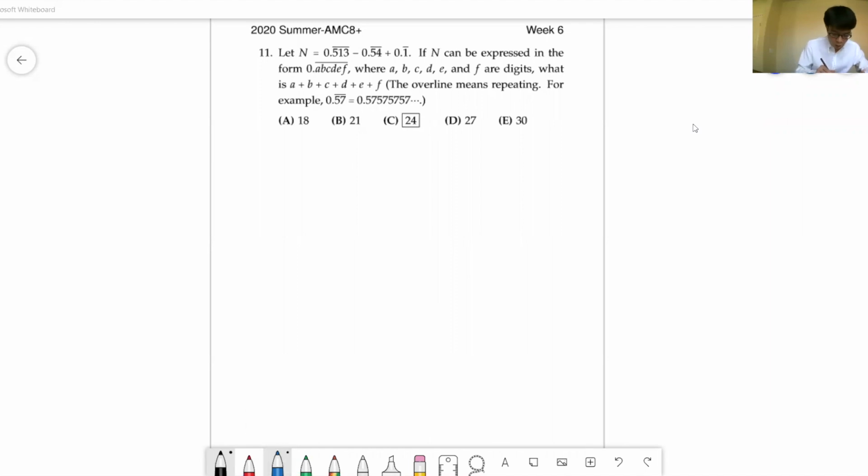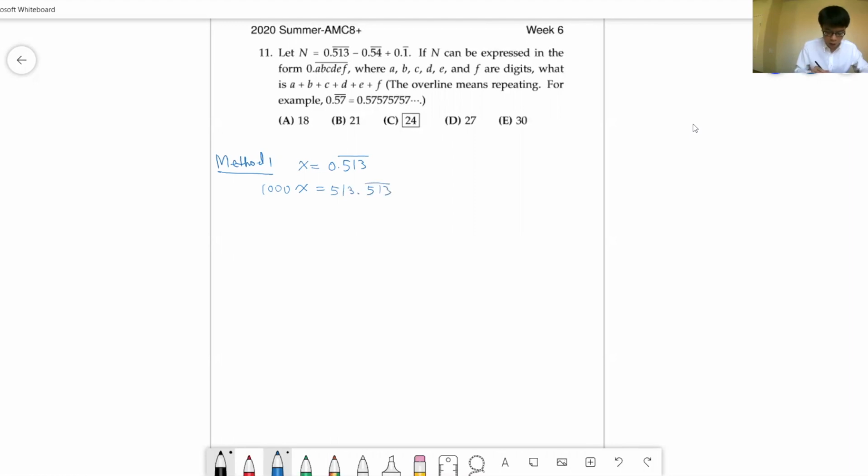The first solution is based on the fact that we can always write a repeating decimal number in terms of fractions. So for example, the first number, let me denote by x, 0.513 repeating. We can express x in terms of fraction in the following way. So we multiply everything by 1,000. This corresponds to 513.513 repeating.